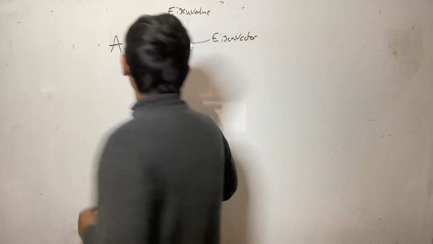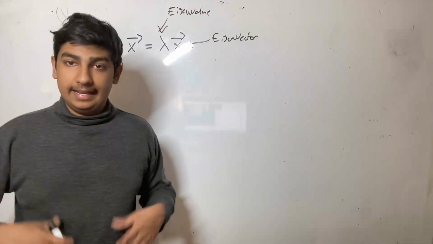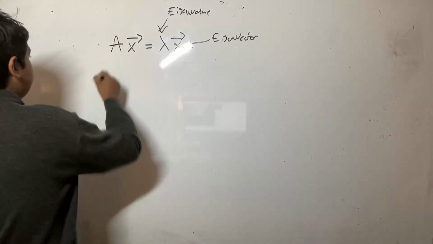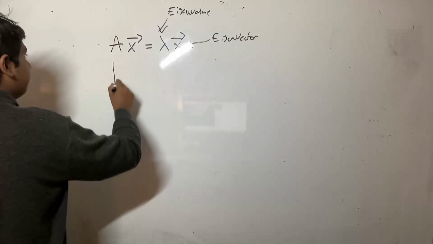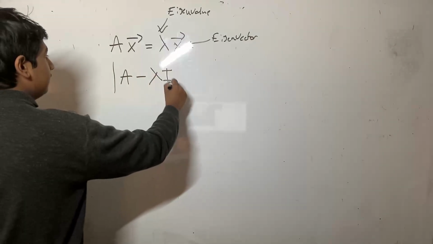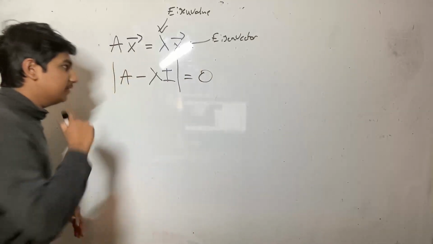And so really, if we want to actually find our eigenvalues, in order to do that, it's really the determinant of A minus lambda I must be equal to 0. And this is how we solve it.